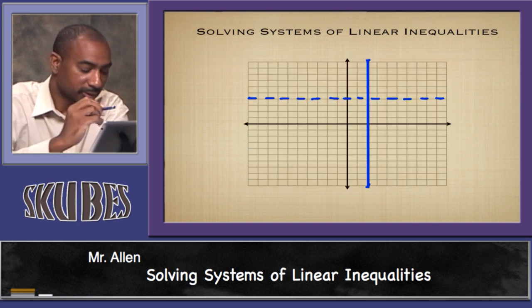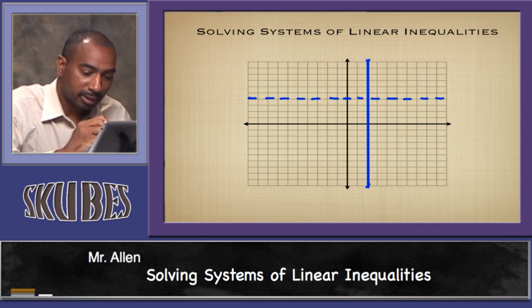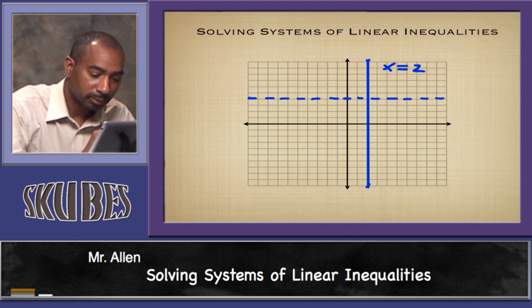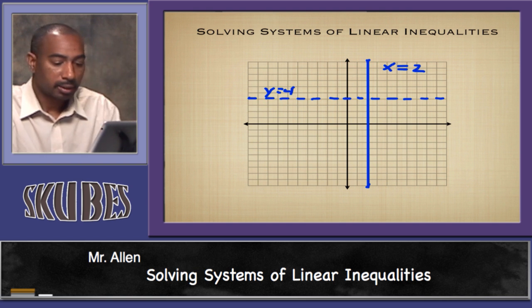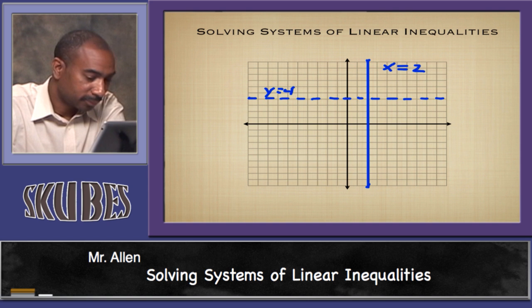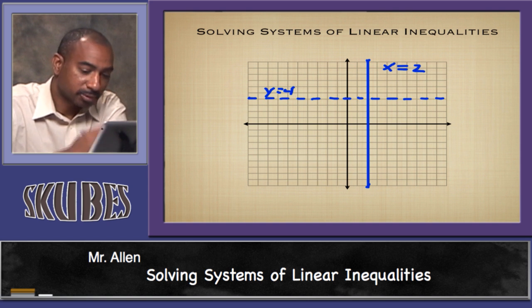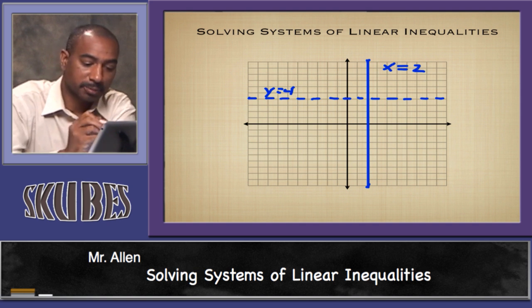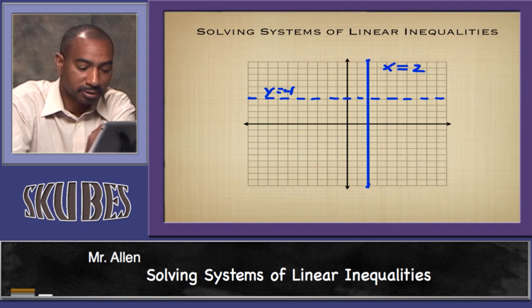All right, so when you do this, this is going to represent x equals 2. And this is going to represent y equals 4. And what you want to do is shade to the left or right. So this one was all numbers that were less than or equal to 2. The x coordinate must be less than or equal to 2, so you're going to shade this direction.